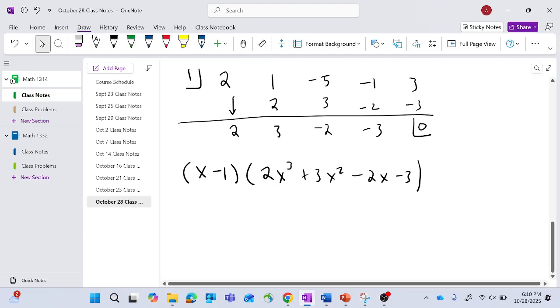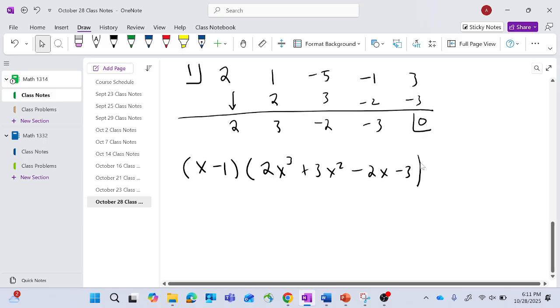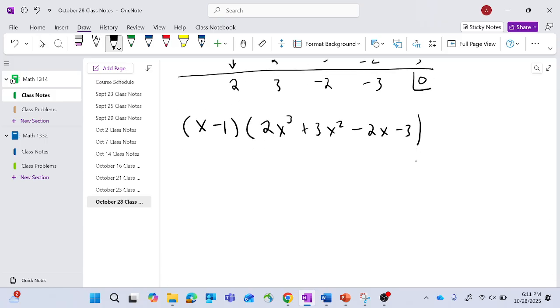So from here, I still have 2x cubed plus 3x squared minus 2x minus 3. I can't really factor this any way right now, so I'm going to do synthetic division again. The point of synthetic division is you want to do it if you don't really have any other option. In this case, you could do factor by grouping, but I want to do synthetic division.